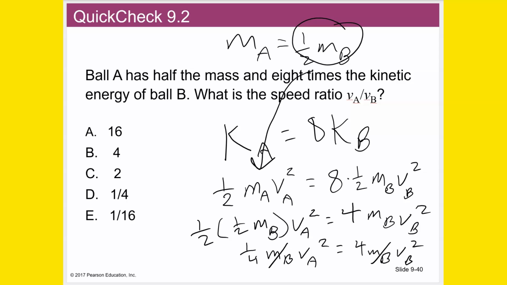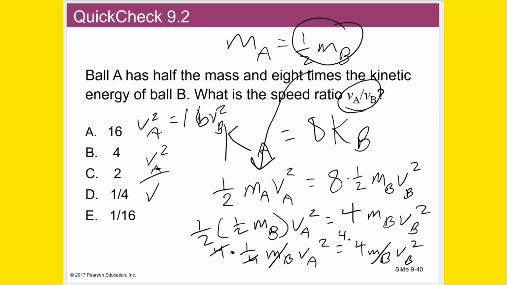Let's multiply both sides by 4. Cancel that out. So now I've got VA squared equals 16 VB squared. And we're looking for the ratio of VA over VB. So if I divide both sides by VB squared, I get VA squared over VB squared equals 16.